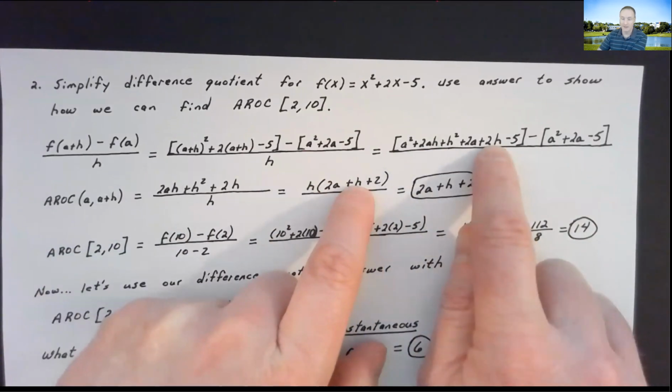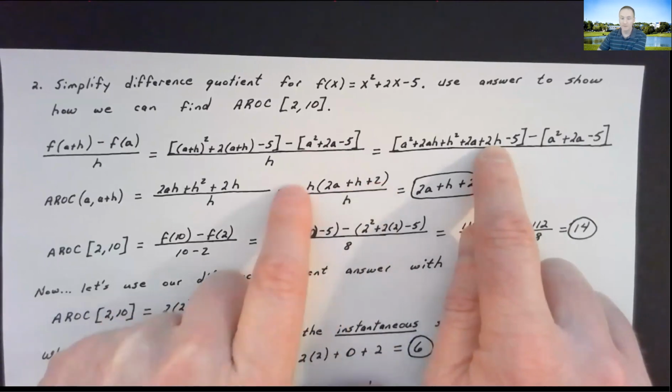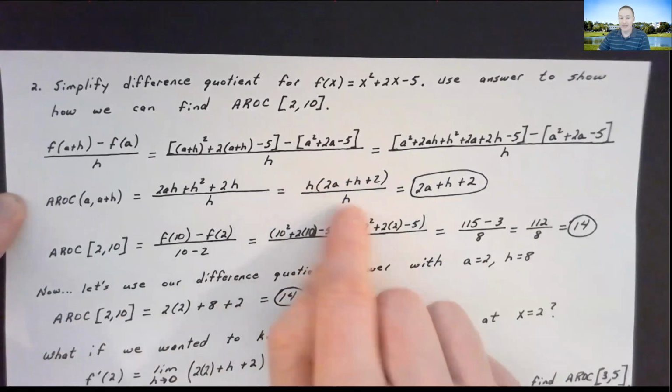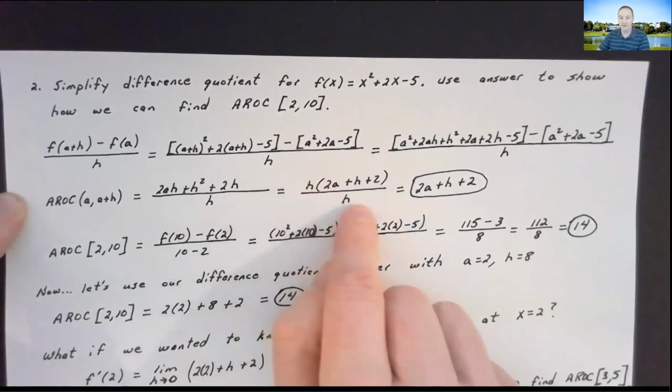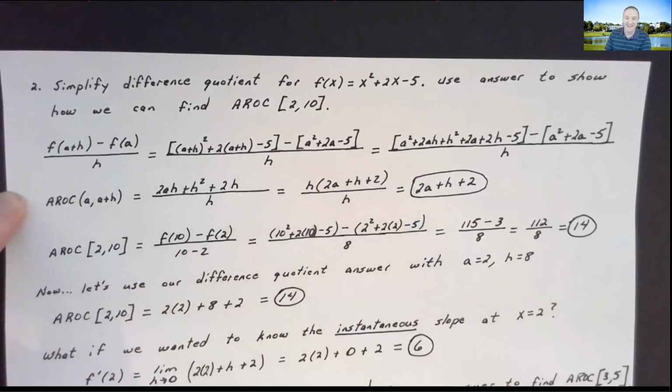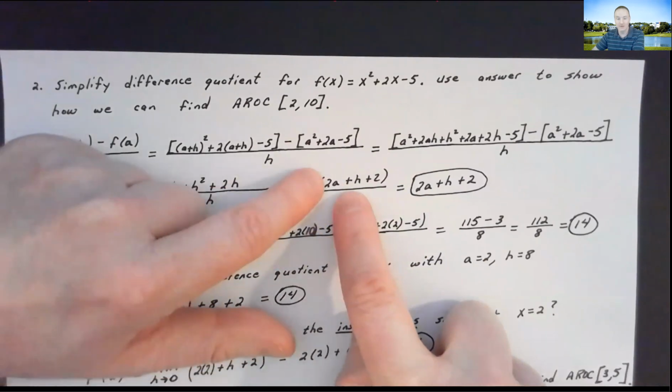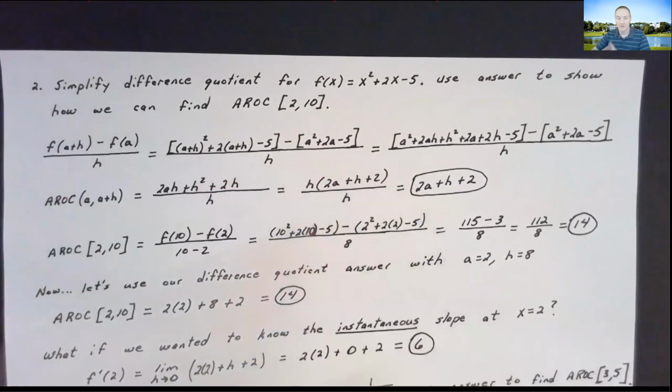This term didn't cancel out. When you factor out the h, you'll have the plus 2. And then you can say, all right, the h's cancel in the numerator and denominator, and you're left with 2a plus h plus 2. Again, I'm just dividing out those two and left with the trinomial expression there.